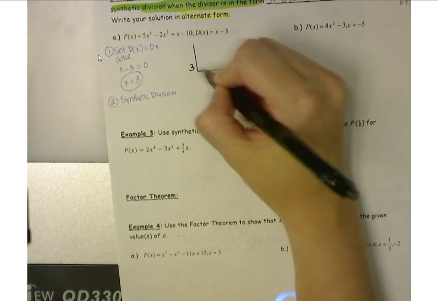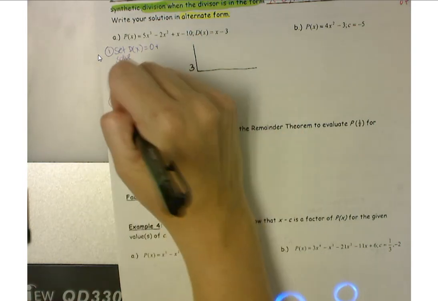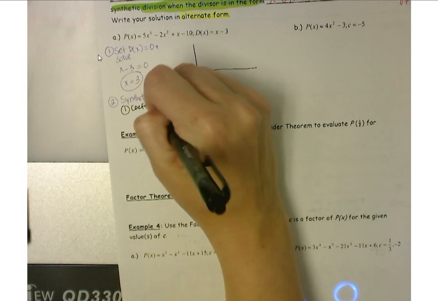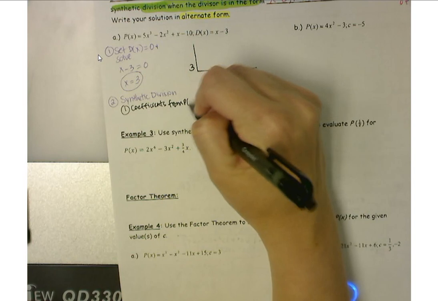I set mine up like this. I know some of you like box in the 3, and that's fine. Okay, so for synthetic division, the first thing you're going to do is you're going to put your coefficients from P of x.